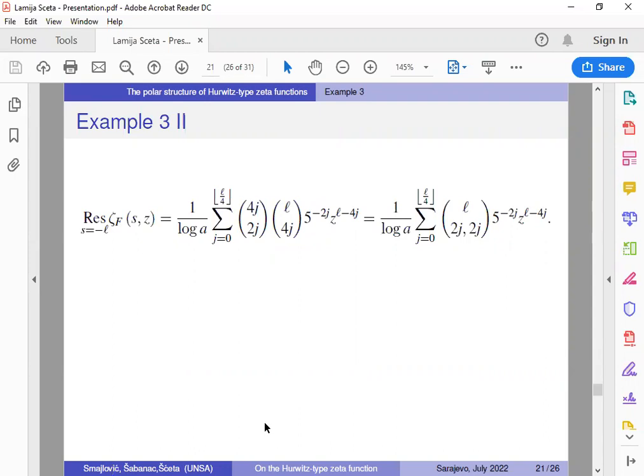Yeah, okay, maybe I can respond. So this Hurwitz zeta is a bit tricky because it has a pole at S equals 0. So for that reason it resists the application of contour integration.